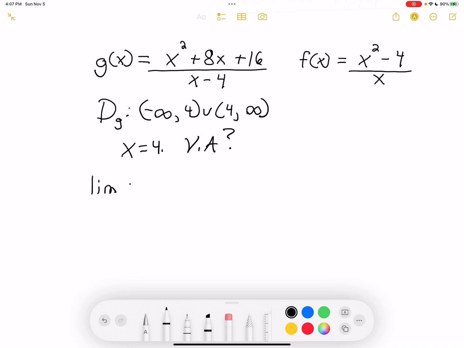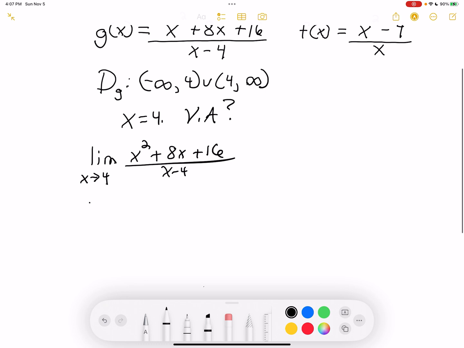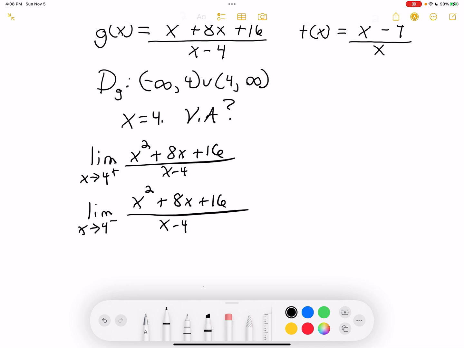And we'll take the limit of g of x, which is x squared plus 8x plus 16 over the quantity x minus 4 as x approaches 4. This is the two-sided limit, so we'll do it from each side, because the behavior of the function as it approaches a vertical asymptote can be different depending on the side that it is approaching from. So we'll take it from the right and we'll take it from the left.